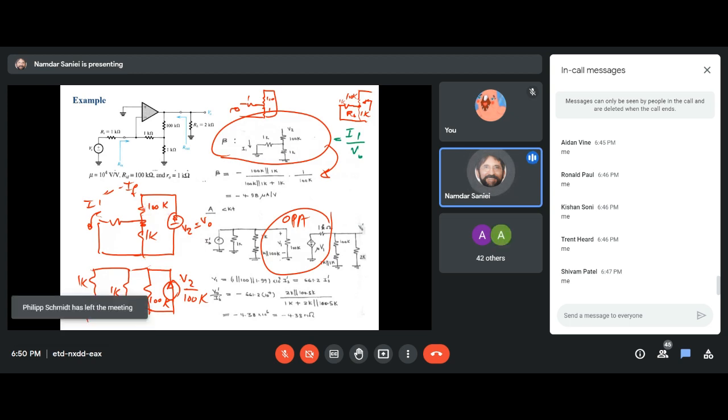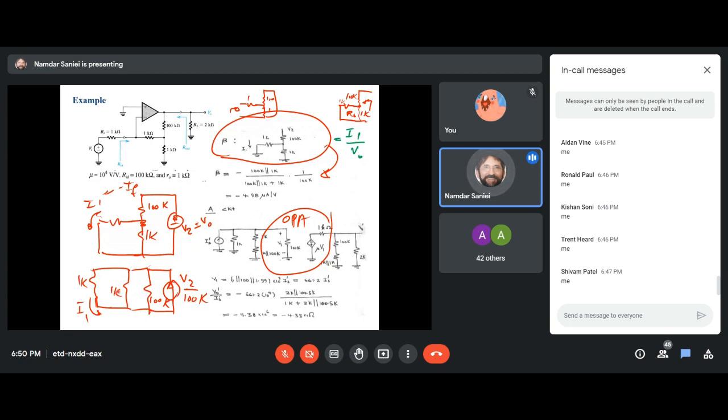We can convert this voltage and the 100K resistance to a current source and 100K in parallel with it. Then we have 2 1Ks in parallel with the 100K, and the current of this current source is divided between the 1K and the parallel of 1K and 100K.